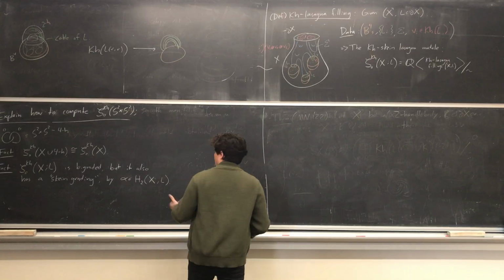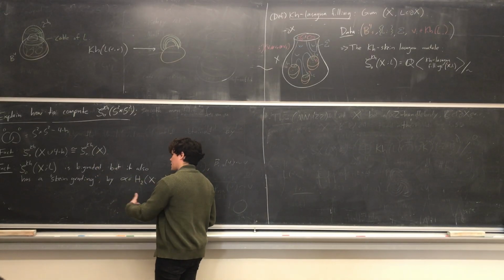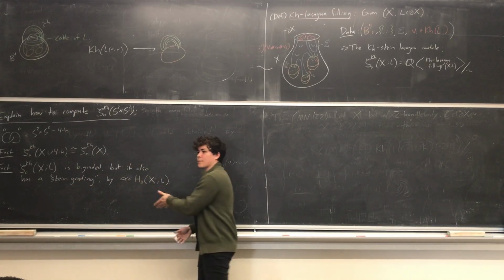And so in this theory, you get your normal bigrading from Khovanov homology, it's inherited, but there's this extra Skein grading that comes from H2.